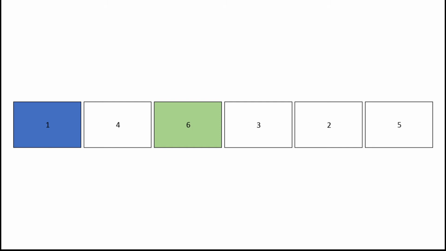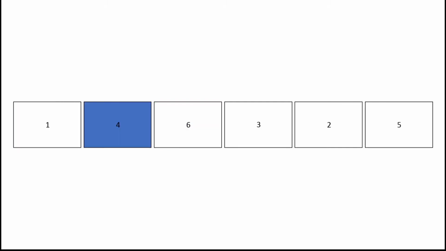Now I have a left side beginning portion of one element that is already sorted. So my next time through, I'm going to start on the second index, 4.